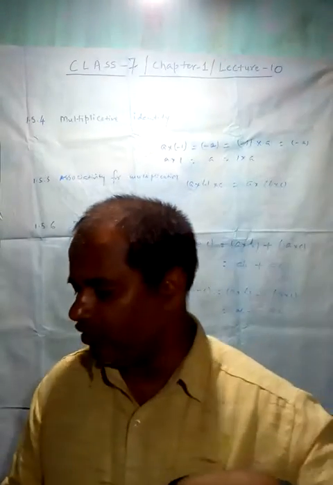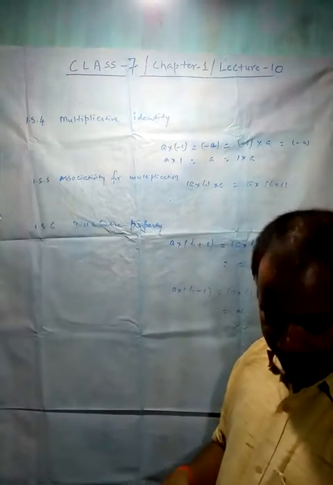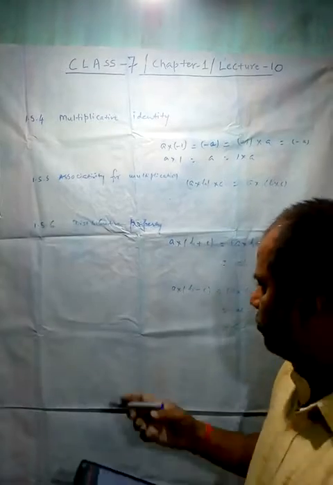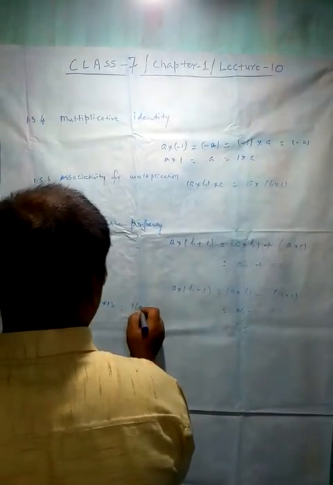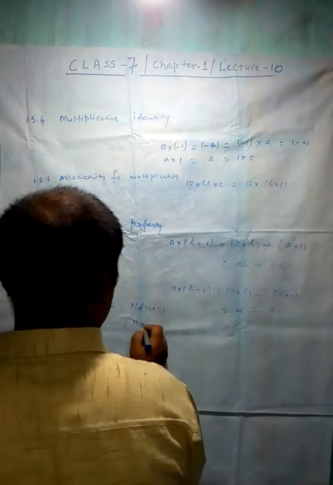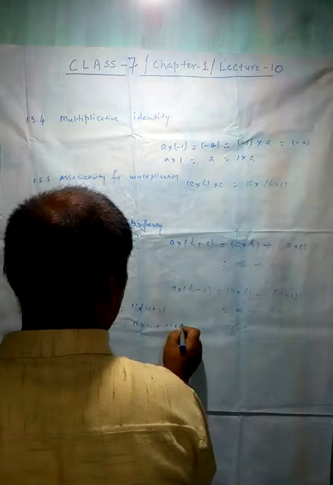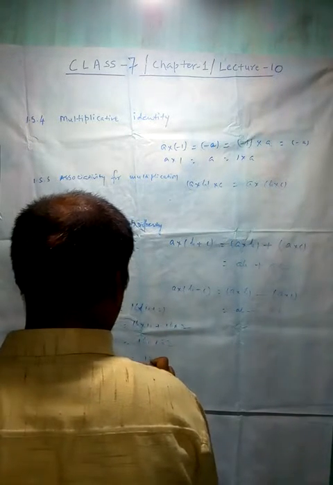Find 16 into 12. 16 into 12 can be written as 16 into 10 plus 2, that is 16 into 10 plus 16 into 2, that is 160 plus 32, that is 192.